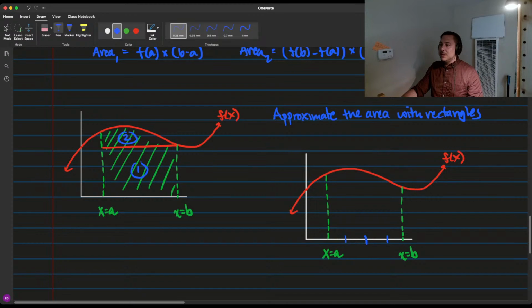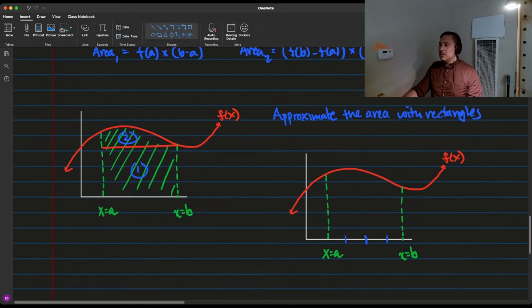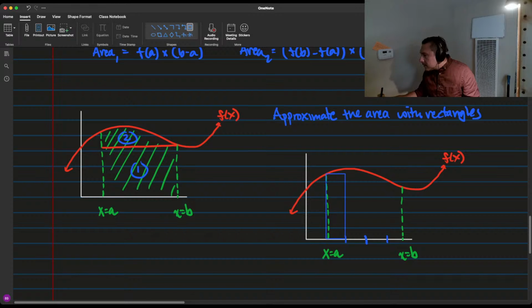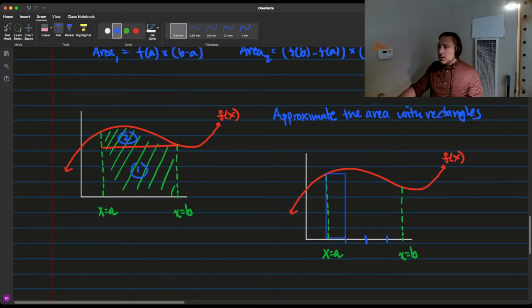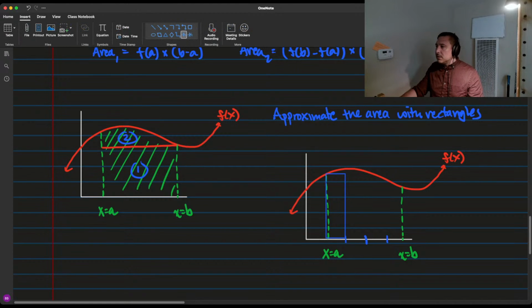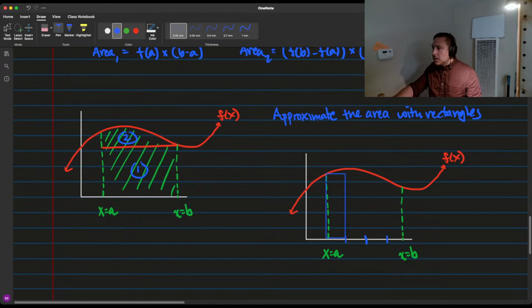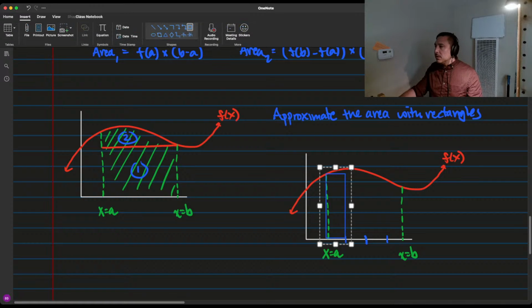And what you can do is start drawing some rectangles. So let me draw a rectangle like this. I'll draw another rectangle. Okay, why is it not letting me do it? Let me draw rectangles.